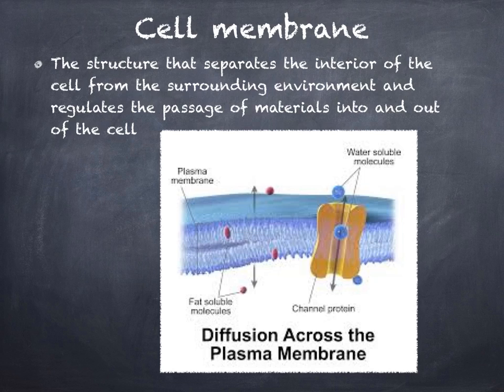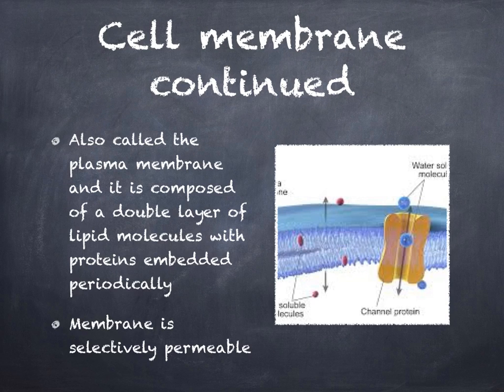The structure that separates the interior of the cell from the surrounding environment and regulates the passage of material into and out of the cell is our cell membrane. The cell membrane is also known as the plasma membrane.